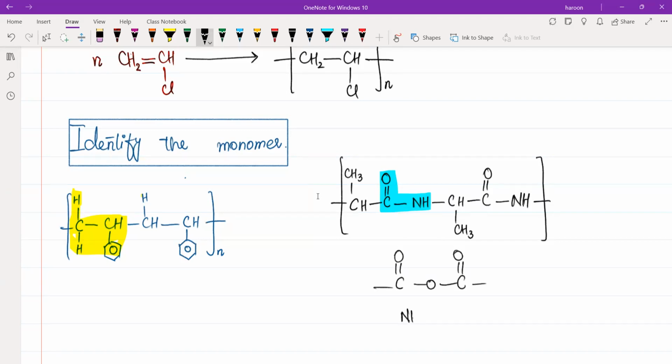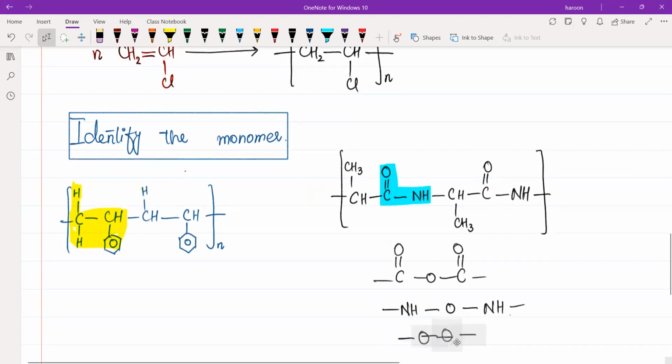If you are getting NH, it is always condensation. If you have only O with a bond like this, it is also mostly, like 99%, condensation polymers.